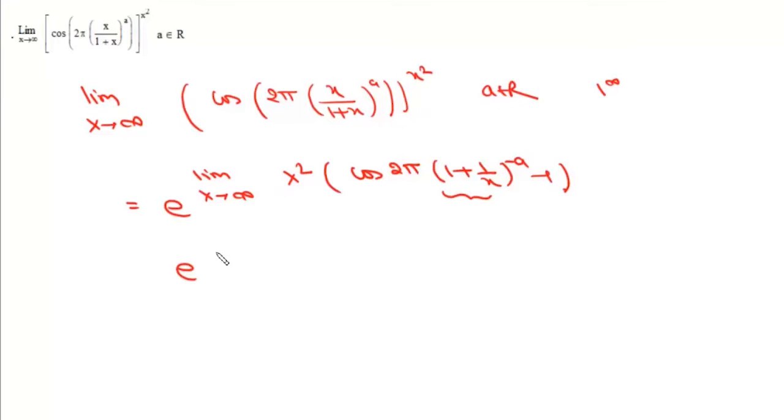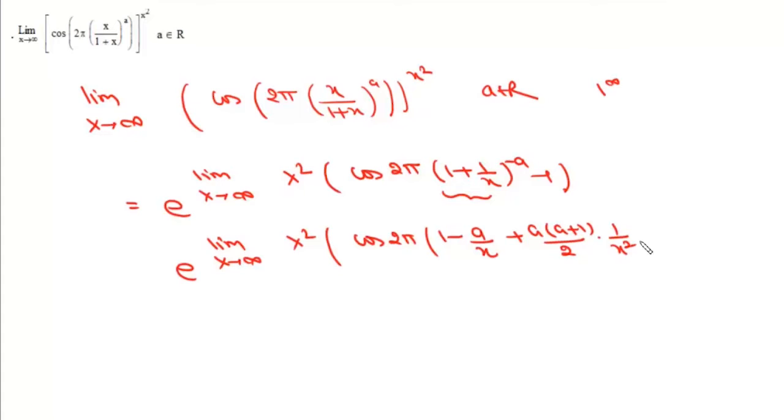So it will be e, and then the limit as x tends to infinity of x square times cos 2 pi (1 minus a upon x, and then a into a plus 1 upon 2 times 1 by x square, and plus higher powers of x), and then minus 1.